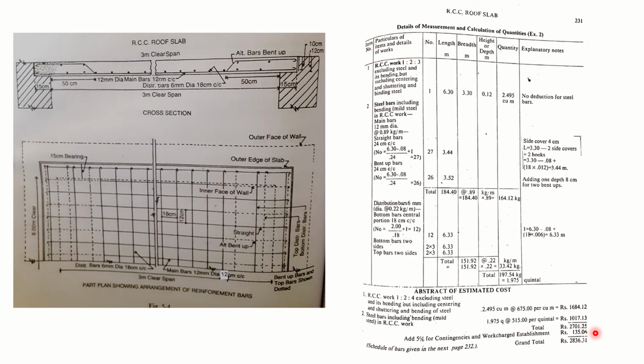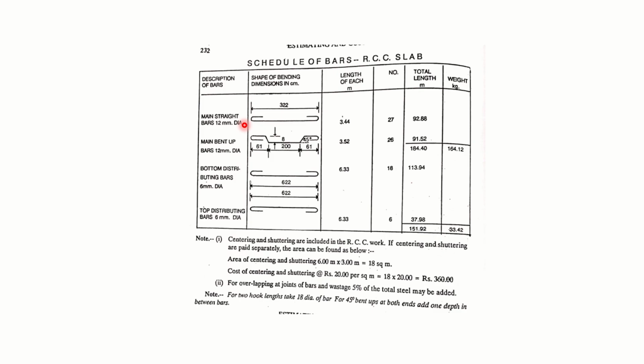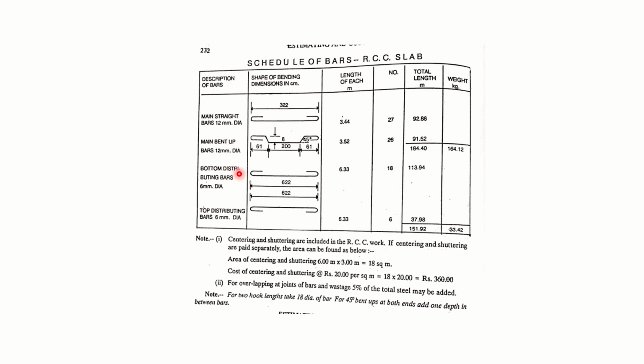Now how do we make the bar bending schedule? So bar bending schedule, the table, first column gives us the description of bars, which tells us if it is a main bar, which tells the diameter, main bar if it is straight bar or a bent up bar, bottom distribution bars of what dia, then top distribution bars of what dia.